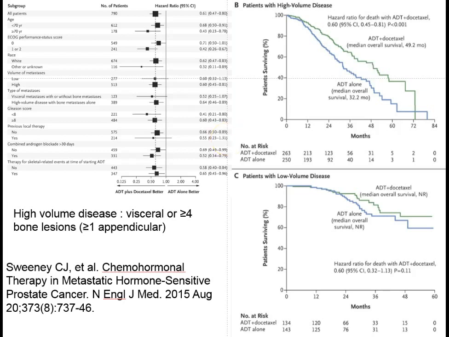High volume disease was defined by the presence of visceral disease or more than 4 bone scan lesions, at least one of which was in the appendicular skeleton. In other words, the volume of disease for metastatic castrate-naive prostate cancer definitely alters the treatment prescription for patients.